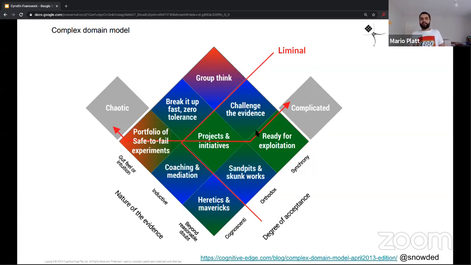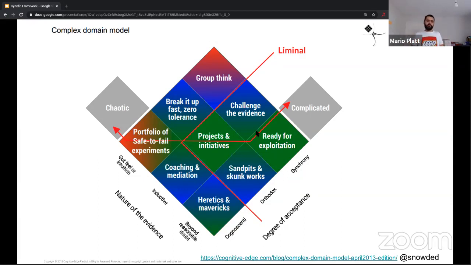The complex domain also has, on one side, the degree of acceptance. This is where there can be the cognoscenti: a few elite people who understand the problem, and it's kept as such. It can become orthodox, in that most people accept the thing. And finally, synchrony, a term coming from the resilience literature, which largely means that everyone is walking in step and there's no dissent.